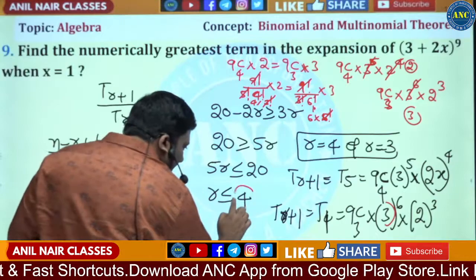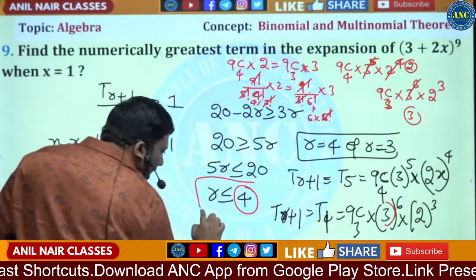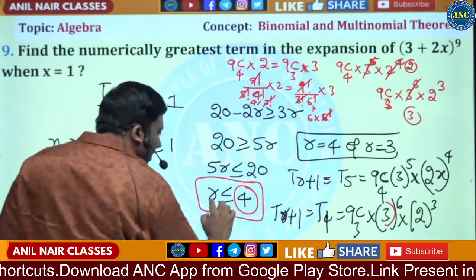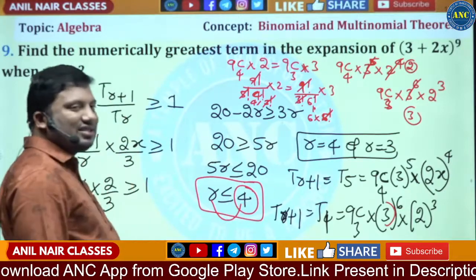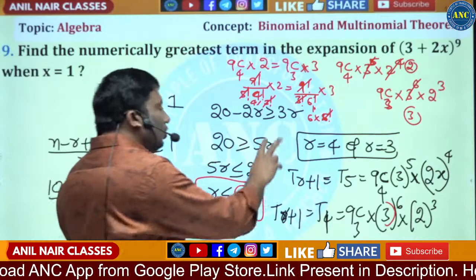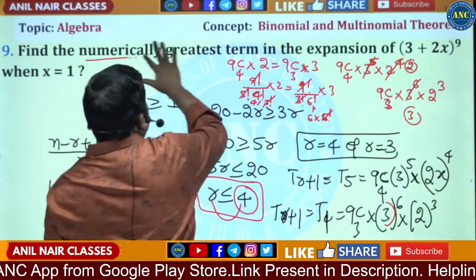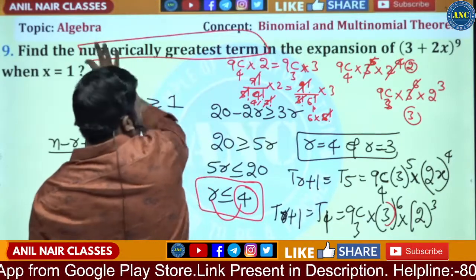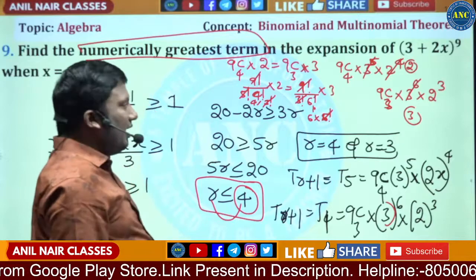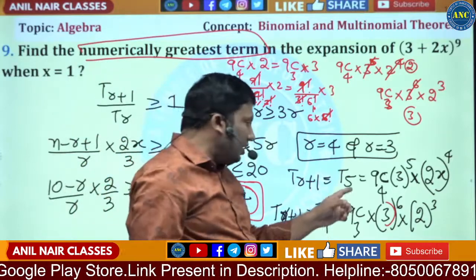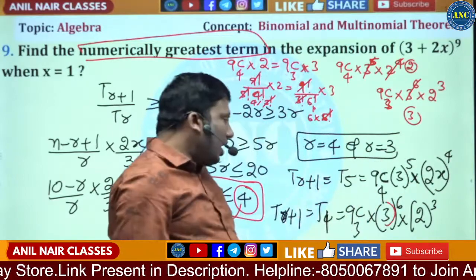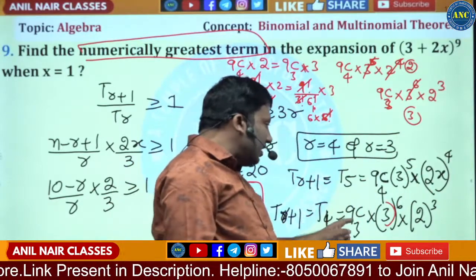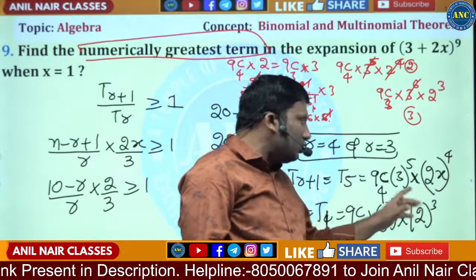Whenever I get an integer value, r less than or equivalent to 4, take r equivalent to 4 and take an integer which is just less than 4, which is 3. These two values will have the numerically greatest term. What is that value here? 9C4 into 3 power 5 into 2 power 4, or it can also be 9C3 into 3 power 6 into 2 power 3.